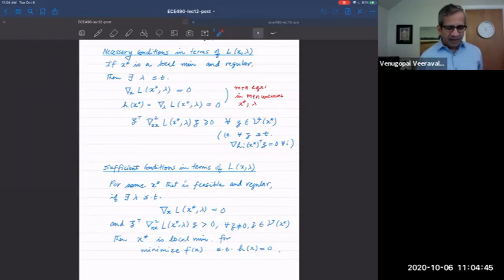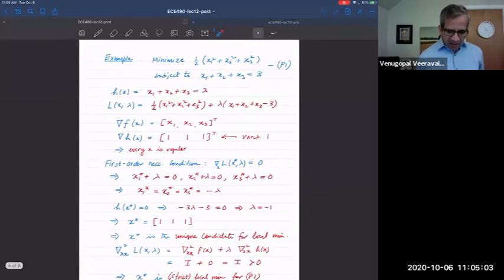In a lot of these problems, you only have one candidate, so you just check this condition for that candidate to verify whether it's a local minimum or not. Then we did an example.